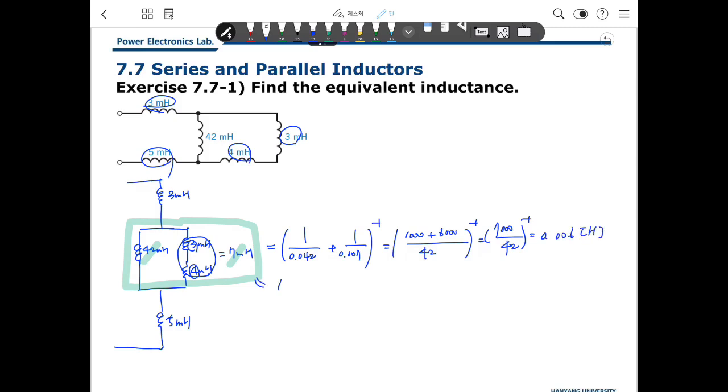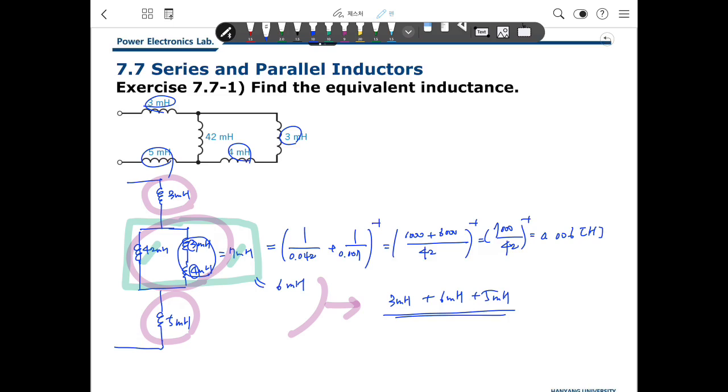That means that is 6 millihenry. Then this branch and this branch are connected in series, so the total value will be 3 millihenry plus 6 millihenry plus 5 millihenry, because they are connected in series. The result is 14 millihenry. That's the way to calculate series and parallel inductance.